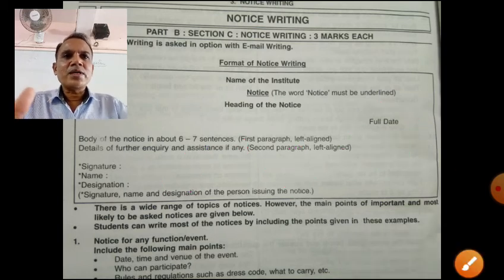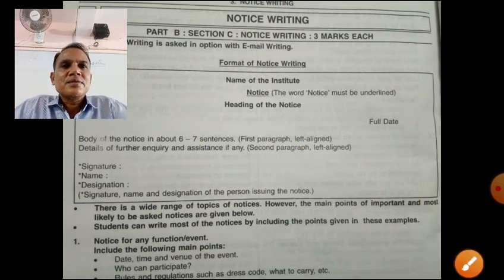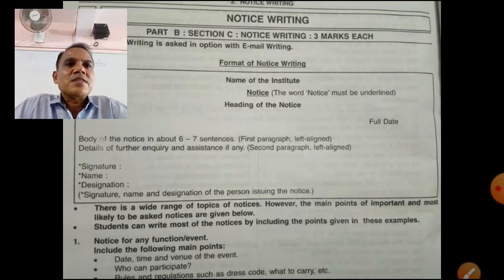Then the body of the notice. Body of the notice in about 6 or 7 sentences. First paragraph. Below this, the details of further inquiry and assistance, if any. Below this, 3 points.